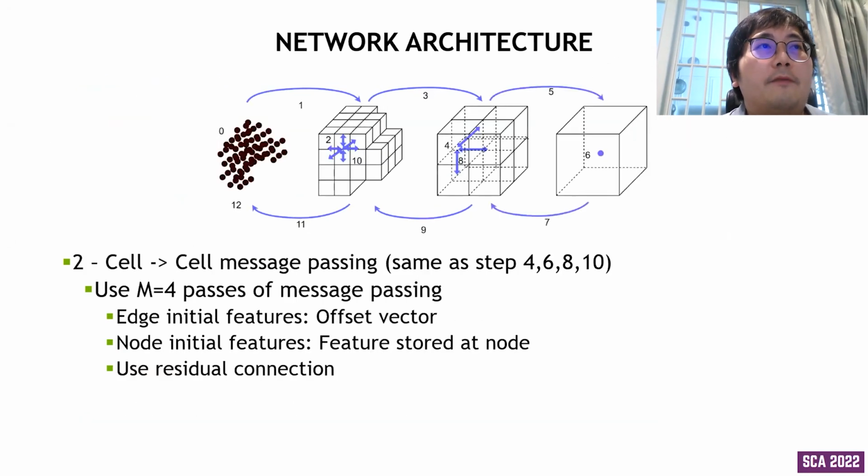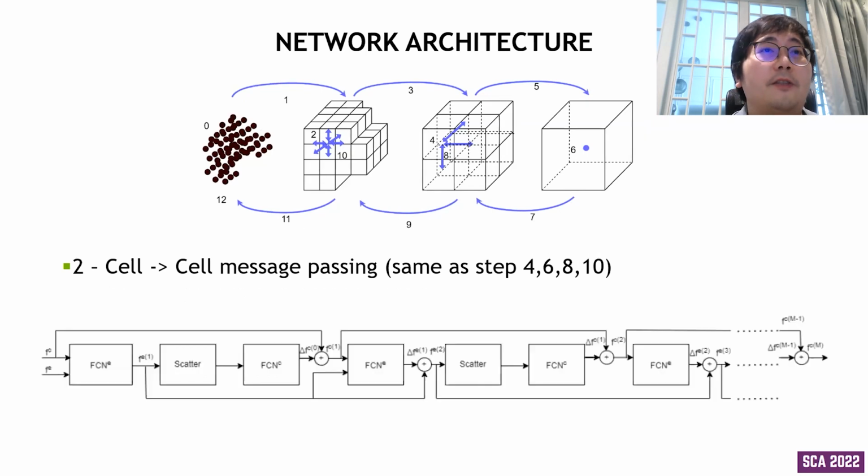Once we have the features in the cells, we perform cell-to-cell message passing so that information can propagate between cells. We use 4 iterations of message passing in the default configuration, and the message passing is done with residual connections. For the interest of time, you can see the details in the paper. I just hope to give you the high-level idea.